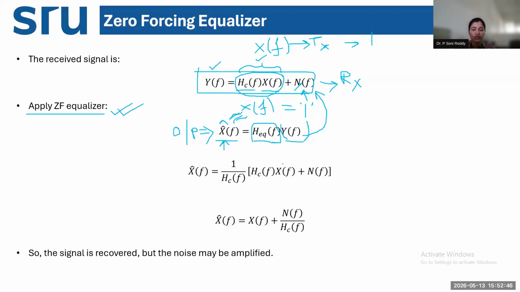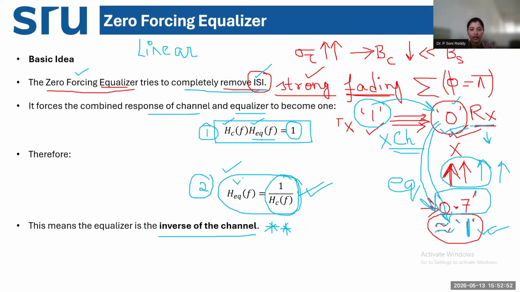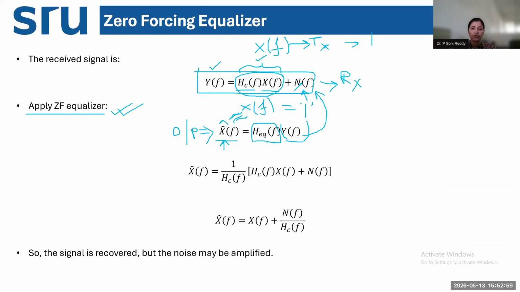As I have already discussed, the characteristics of the equalizer is nothing but the inverse of the channel characteristics. So in this equation, you simply substitute the equalizer characteristic as 1 by the channel characteristics, and instead of Y of f, we substitute the received signal value directly.